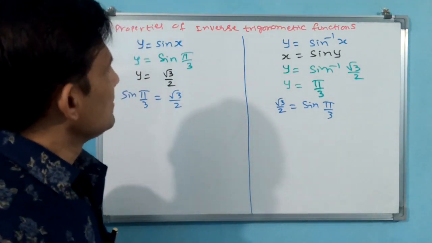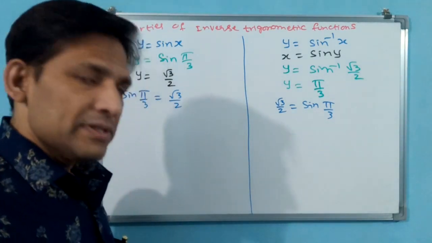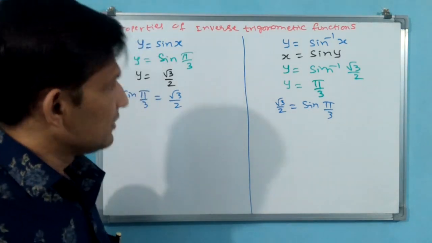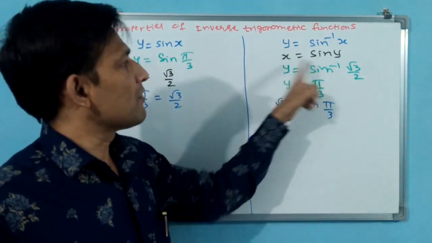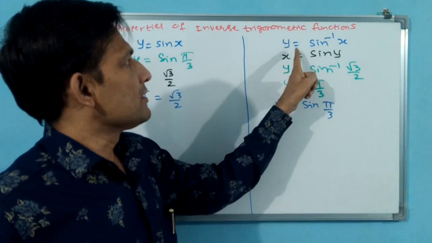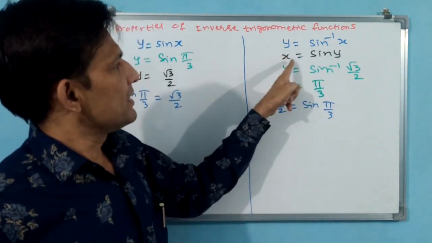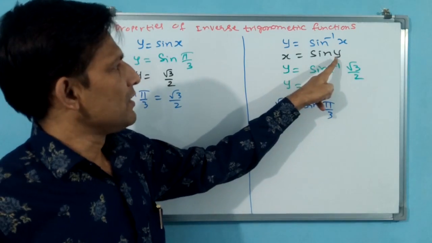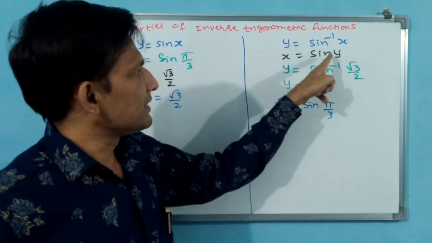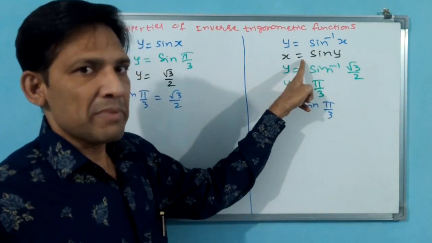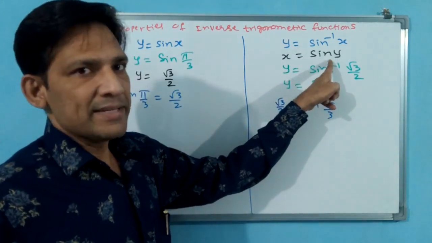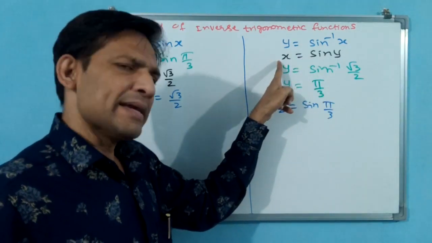Now we will see another concept. Now you came to know how we are converting this. See, if you take x is equal to sin y, then y is equal to sin inverse x. How? An equal to symbol is there. On one side sin is there, on the other side a value or angle, whatever it may be.